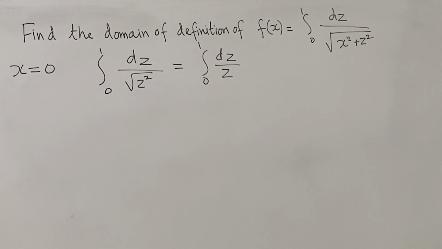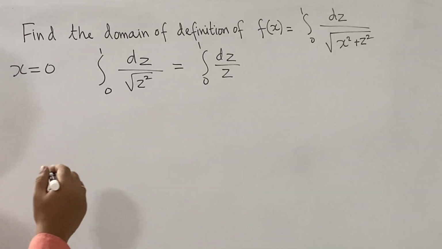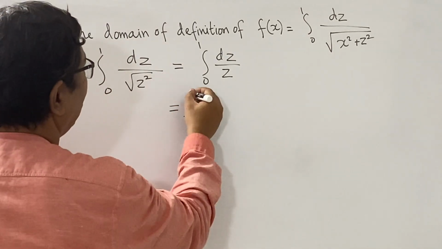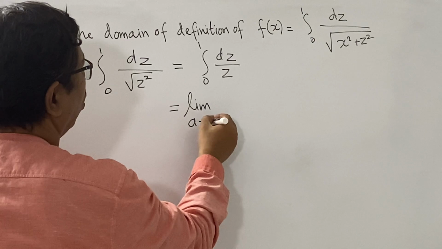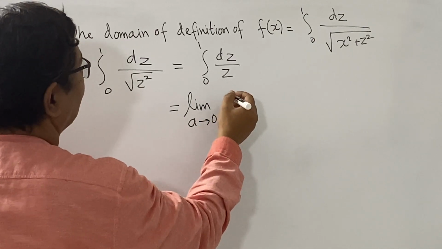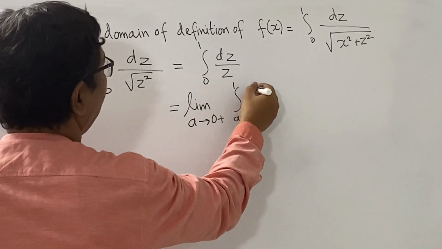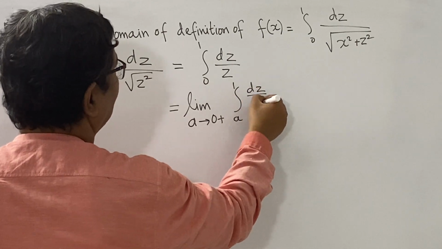So the way we try to evaluate this is that we try to take the limit as a goes to 0 plus of integral a to 1 dz by z.